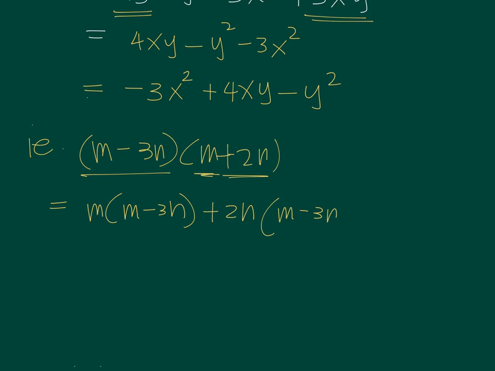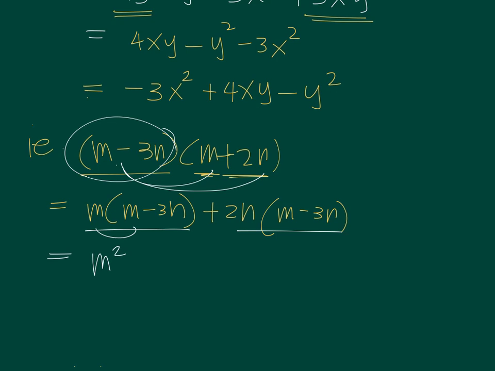Look at how this was distributed: m times m minus 3n and then 2n times m minus 3n. And within each group, you distribute again.